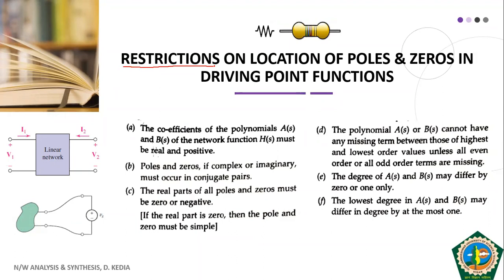If they are located in a certain region of the pole zero plot, your network will not be stable. So there are restrictions on the locations of poles and zeros.